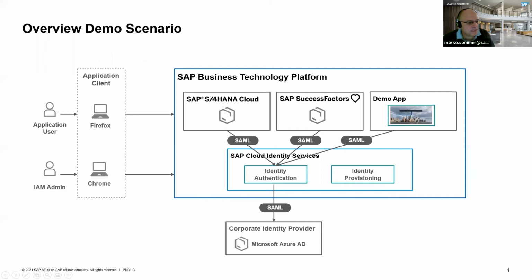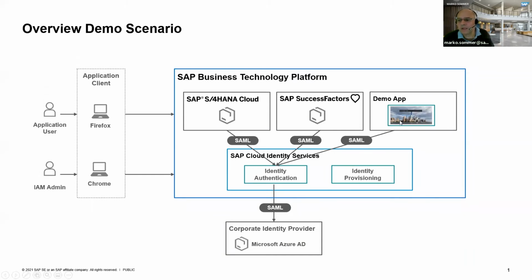So what I've prepared is a little overview to have a practical insight into the hire to retire scenario. This is the landscape that I've prepared for today. We have an S/4HANA Cloud system, actually a private cloud system. We do have a SAP SuccessFactors Employee Central system in there.